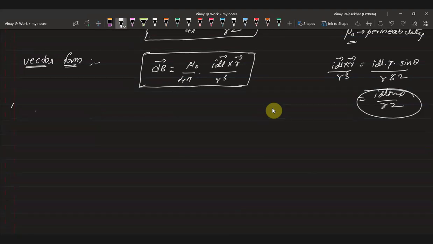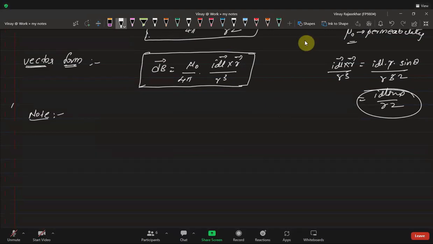Write down note point. Could you see the screen? Screen is visible. Yes, sir.